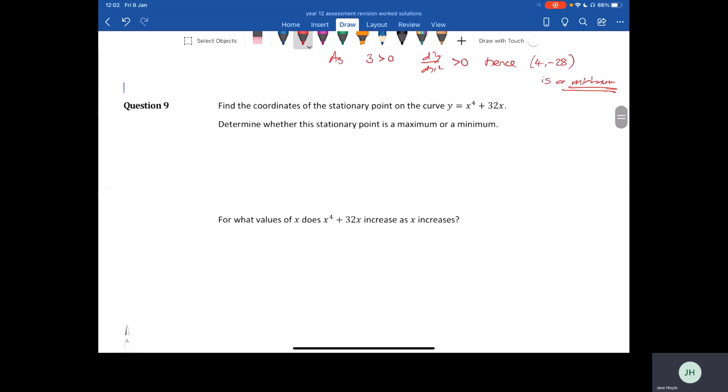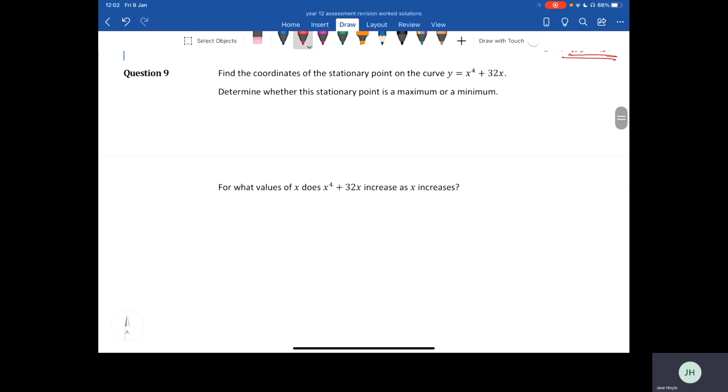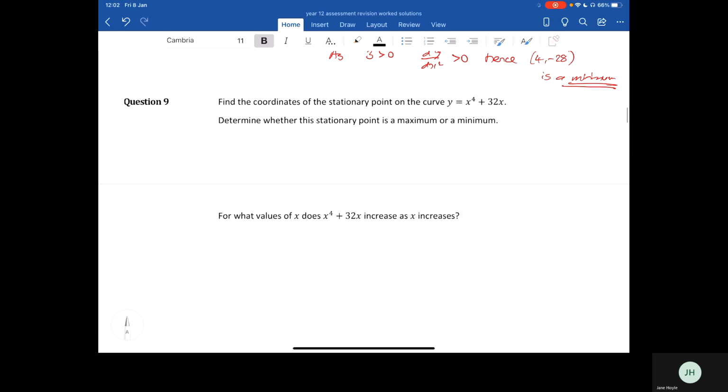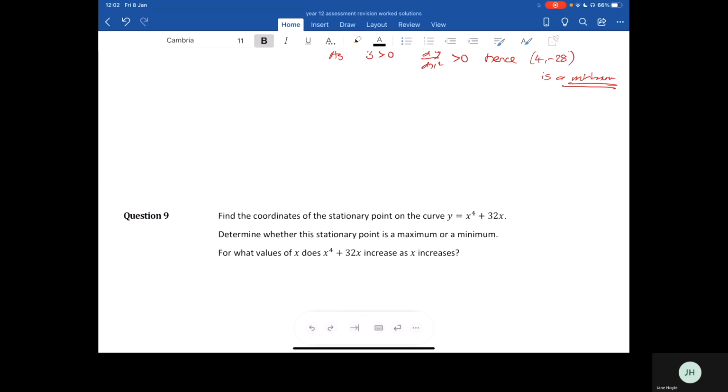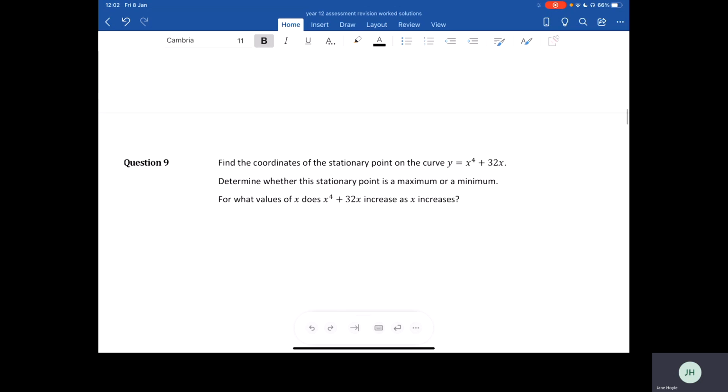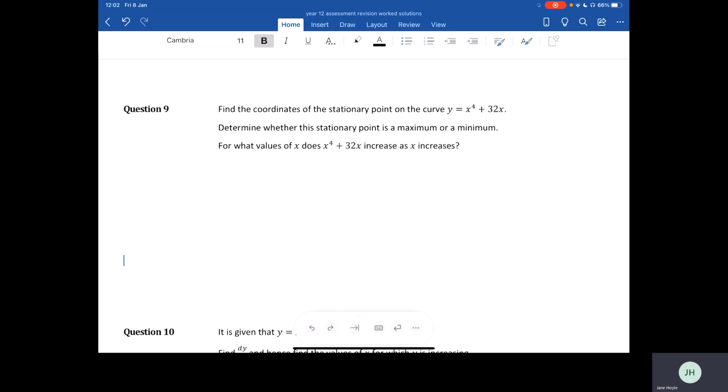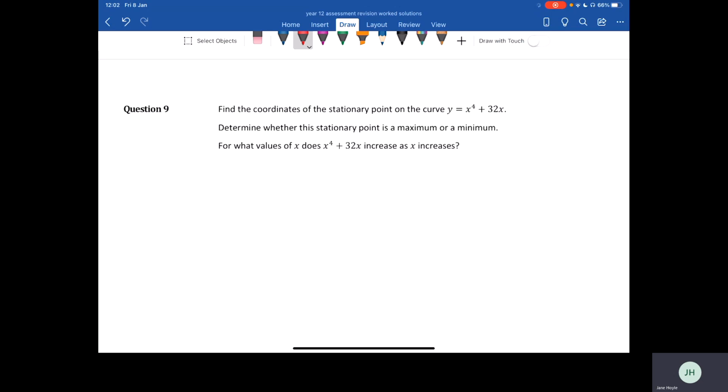Okay, moving on then. Let's just put that all on the next page. So finding the stationary point, I am going to differentiate. So dy by dx is 4x cubed plus 32.